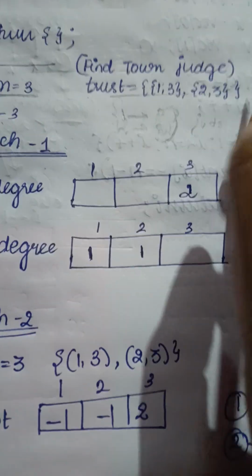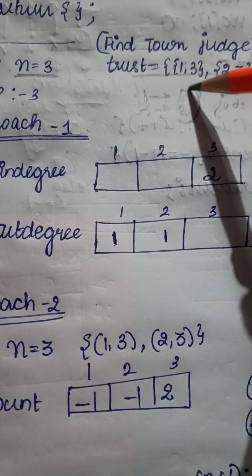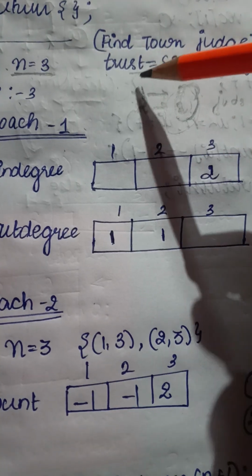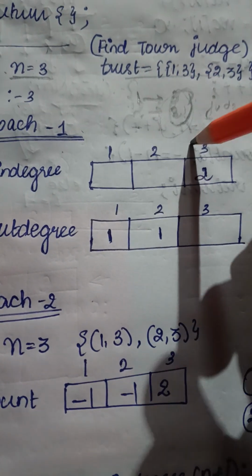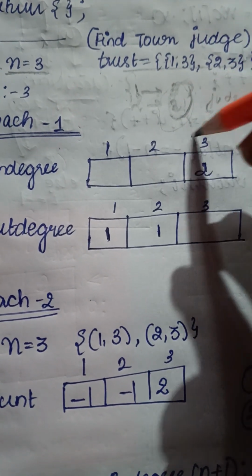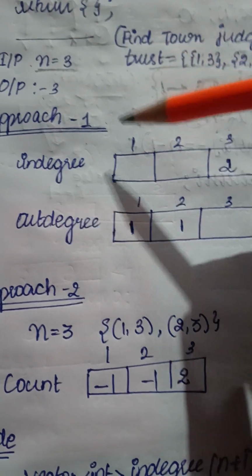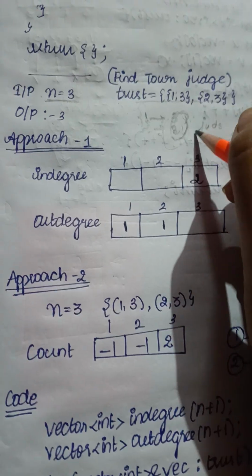That's why 3 is the answer. 1 should trust 3, 2 should trust 3, but 3 should never trust anyone. If this condition is satisfied, then the find town judge problem is solved. So the answer is 3.